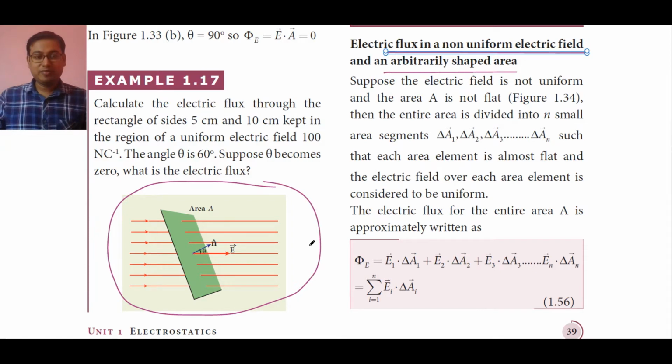Here the electric field is uniform and the area A is also flat, lying at an angle theta with the uniform electric field lines. But suppose we have to find the electric flux when the shape is arbitrary, and the electric field lines are not in the same direction, or not of the same magnitude, or both. In that situation, here is the theory to find it.